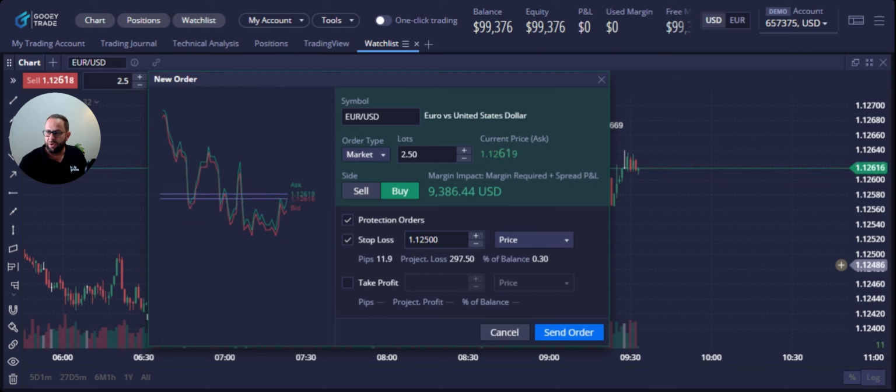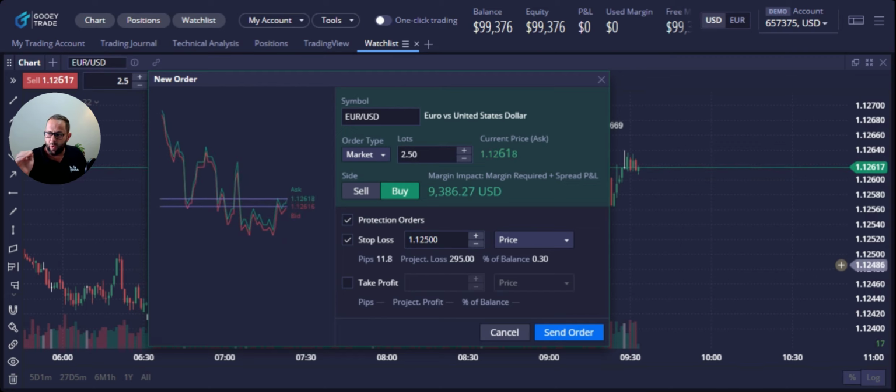All right. So depending on where you're actually entering and where you place your stop loss, by manipulating the lot size, you can control how much you would lose if price goes against you, the trade doesn't work out, and you get stopped out.